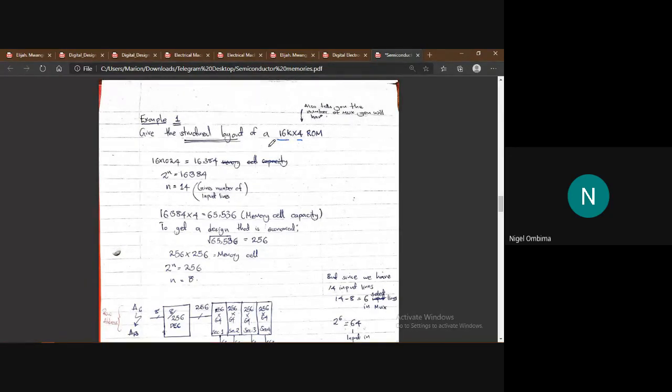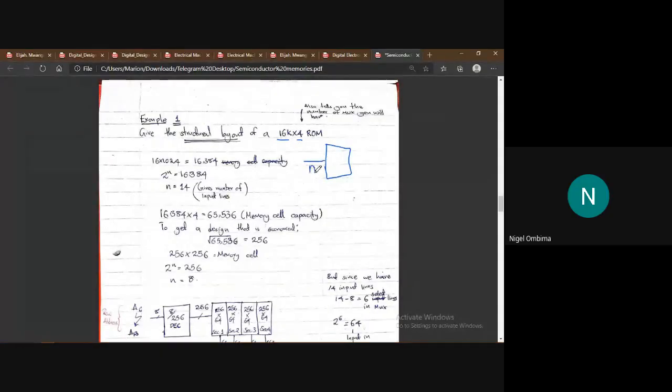So 16K are the memory cell locations, the addresses, and this is the 4-bit data stored in each. Remember, we were using a decoder to select rows, so it will be n times 1024, which gives us 16384. So it's a 16384 by 4 ROM.